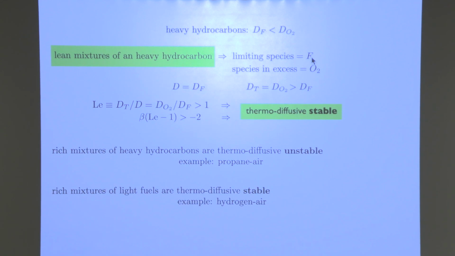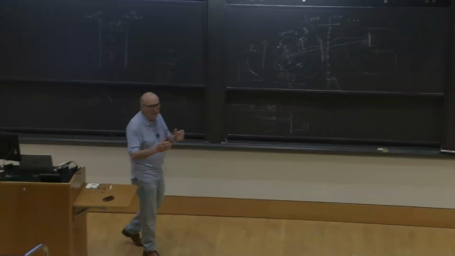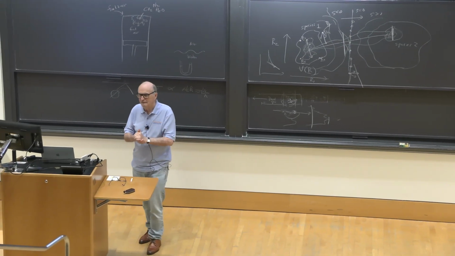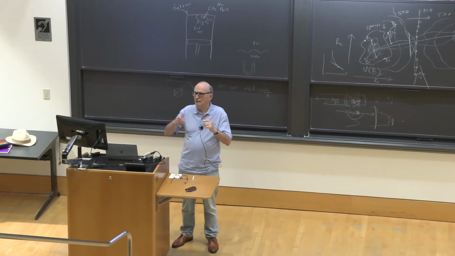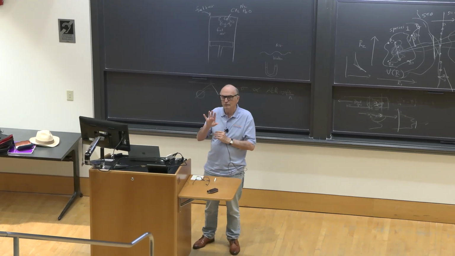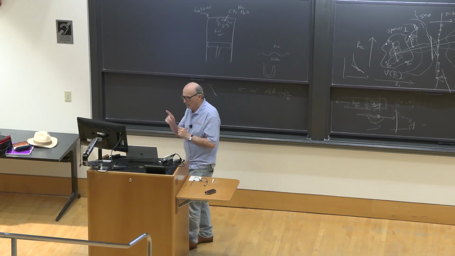It has a larger dimension than the other species. Because now if you have a lean mixture, the excess species is the oxidant, and the oxidant is much smaller. A molecule of oxygen is much smaller than a molecule of, let's say, acetylene or what you like, except for methane. For methane, one has to be careful.